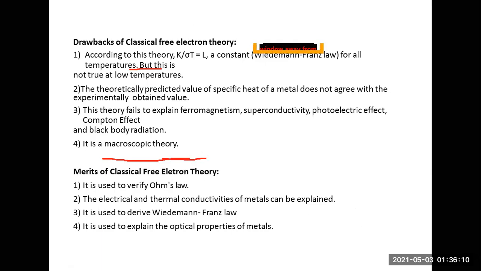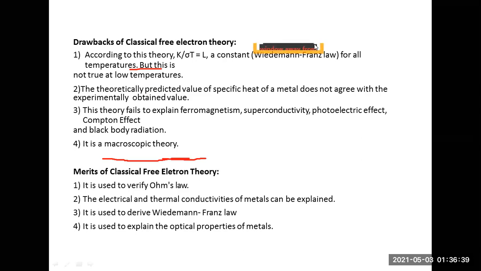If you can understand two to three drawbacks, that will be enough for you. If possible, just remember two important defects, or demerits, of the classical free electron theory. We start with the demerits.